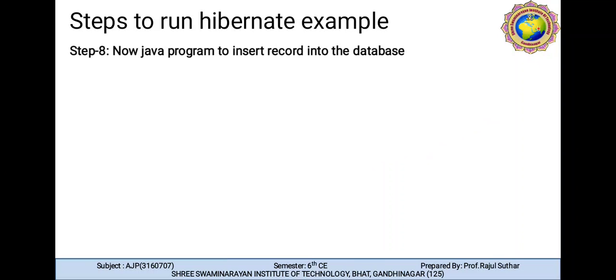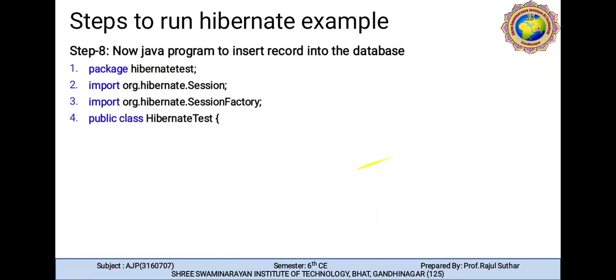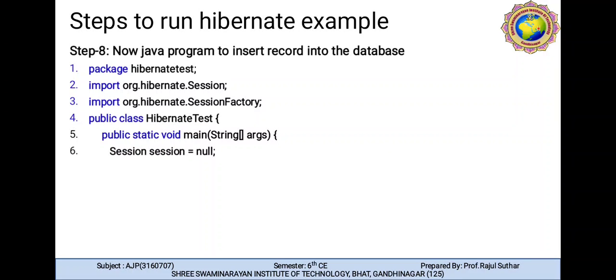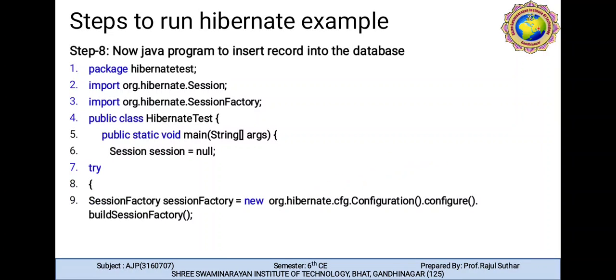In the next step, now a Java program to insert a record into the database. How can we insert? For that we require the package name hibernatetest, import org.hibernate.Session, SessionFactory is required. Here the hibernatetest class is used. First we initialize session equal to null.